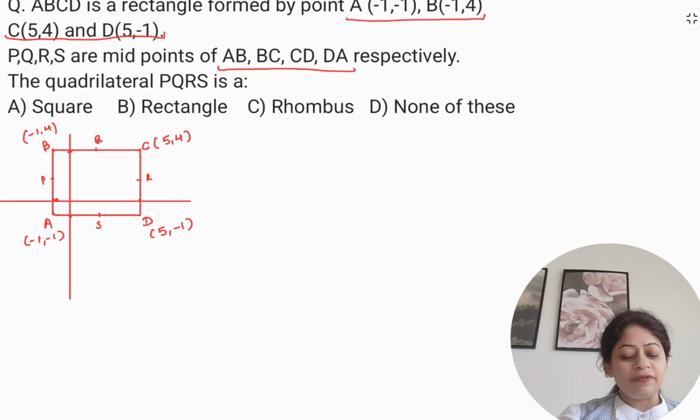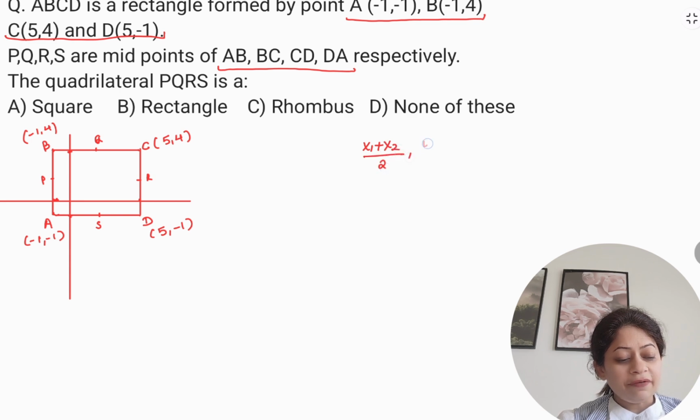I will first find out P using the midpoint formula. Suppose I want to find the coordinates of P: it is (x1 plus x2) by 2, and (y1 plus y2) by 2.